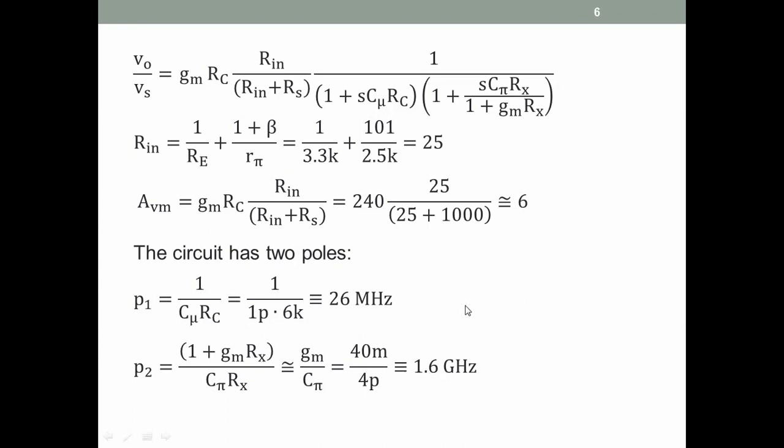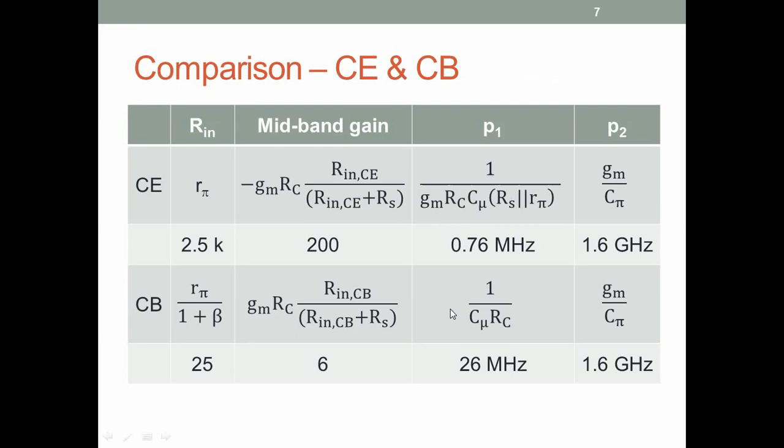Okay, so let's do a quick comparison between this and the common emitter amplifier. So we have the common emitter expressions and numbers, and common base expressions and numbers. The input resistance is moderate for the common emitter, very small for the common base; mid-band gain good, very small.